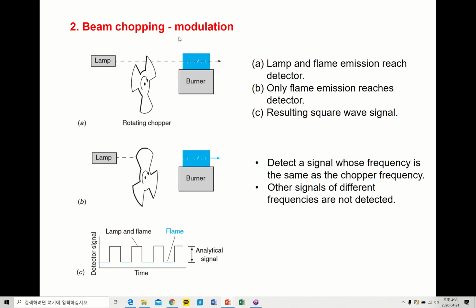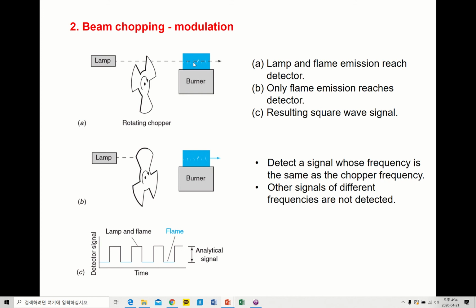Let's see how this modulation technique is used in atomic absorption or emission spectroscopy. Here is the lamp, maybe a hollow cathode lamp. In ordinary atomic absorption spectroscopy, the hollow cathode lamp light is directly passed through the flame.